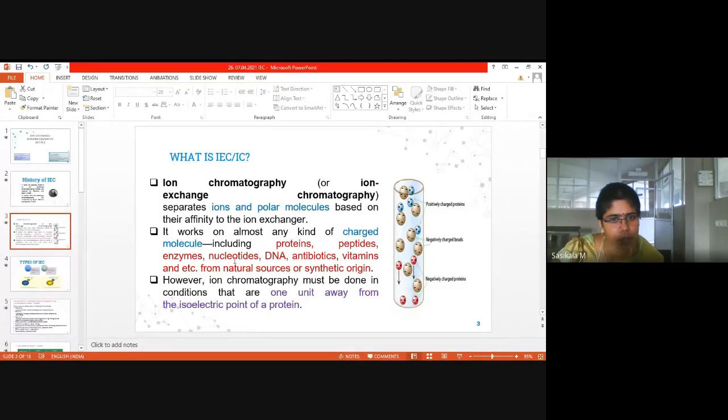Why can polar molecules be separated in ion exchange chromatography? Ions means positive and negative ions can be separated. Then how will polar molecules be separated? Why can we choose this type of molecule?